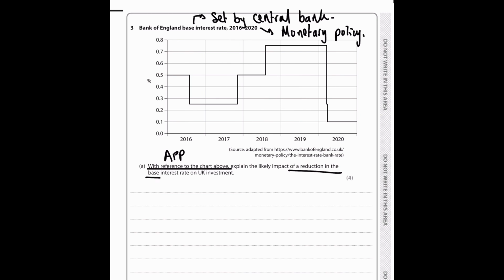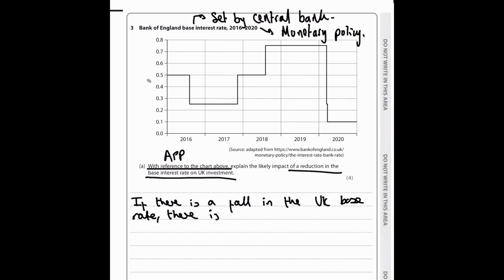If there's a reduction in the base interest rate on UK investment, it means the cost of borrowing is lower or the reward for saving is lower. So usually it increases the level of investment from firms. So if there is a fall in the UK base rate, there is likely to be an increase in investment.